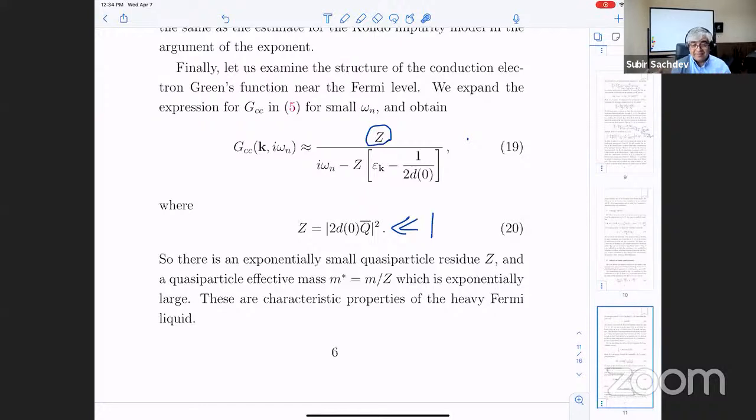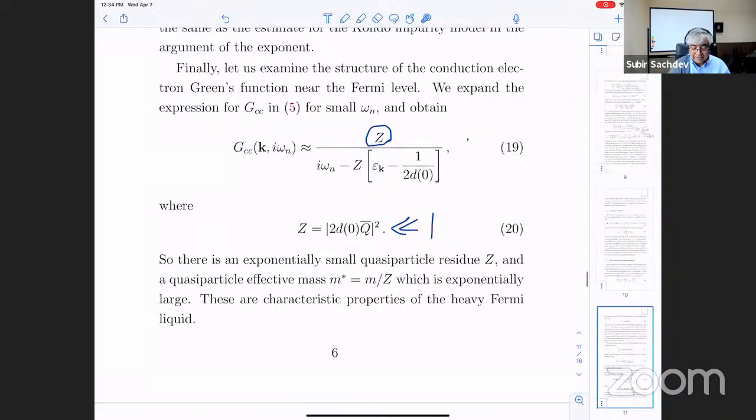It's not 0, but it's small. Secondly, there's a factor of z here, which is much smaller than 1. That means the effective mass, m star, is roughly the bare band mass divided by z. So as z goes to 0, m star goes to infinity. And that's the basic heavy fermion. So we found our heavy fermion.